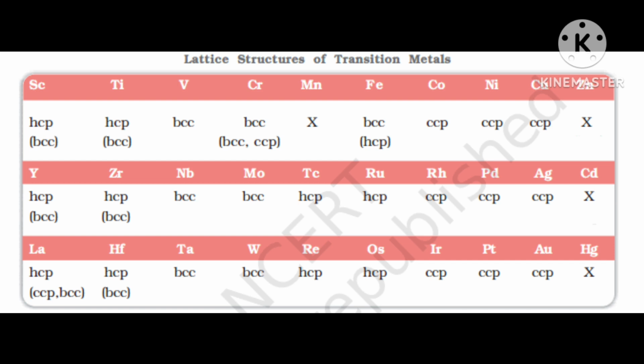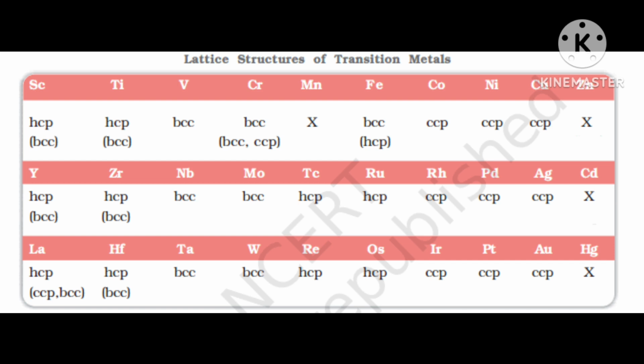This is an important factor in accounting for the occurrence of much more frequent metal-metal bonding in compounds of heavy transition metals. Okay, these are important things.